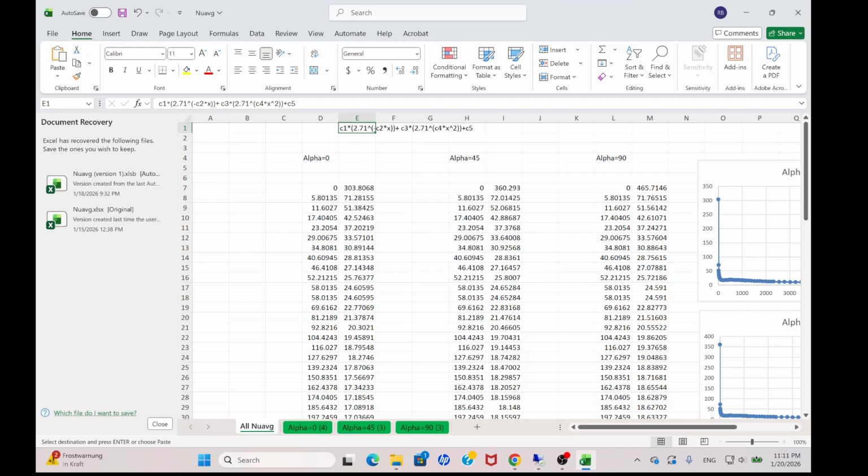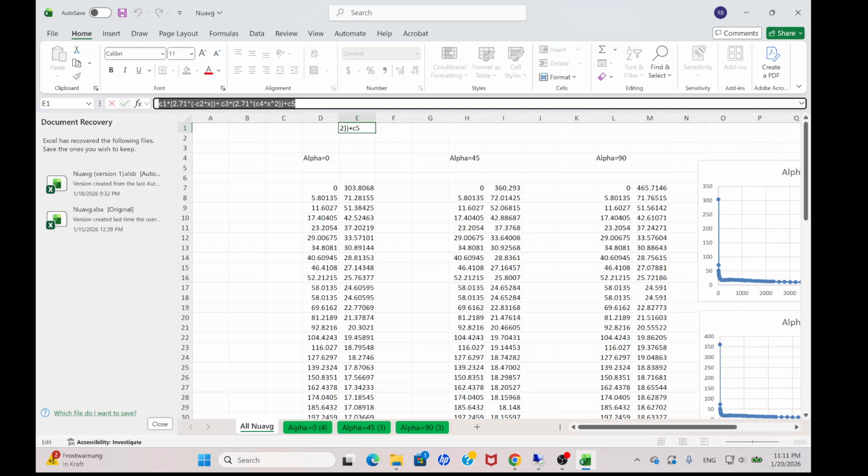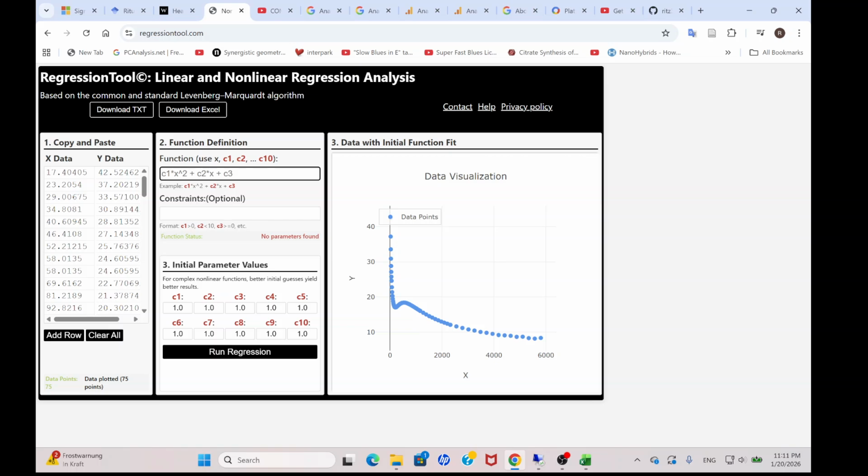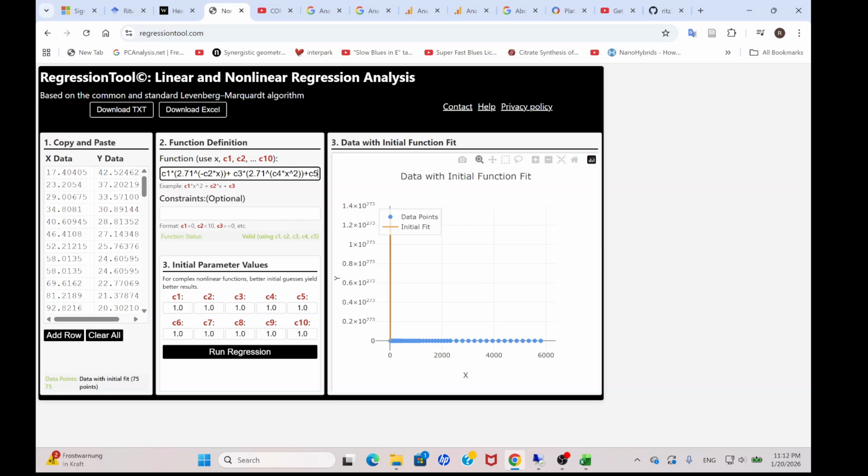I already have it in my Excel. So this is the function that we first thought of, and it worked, so we did not have to do more modification.